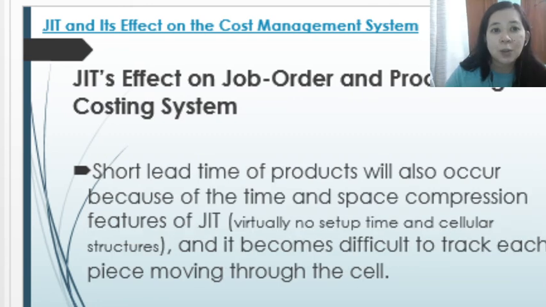So here, the short lead time of products will also occur because of the time and space compression features of JIT. Virtually, there is no setup time in cellular structures. And it will now become difficult to track each piece moving through the cell because we are considering it as a mini manufacturing cell, where the production takes place in that cell alone.